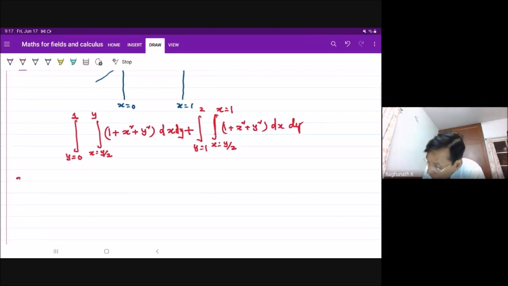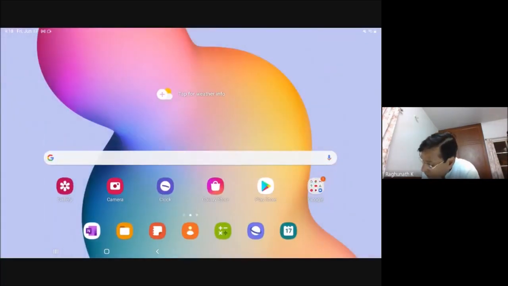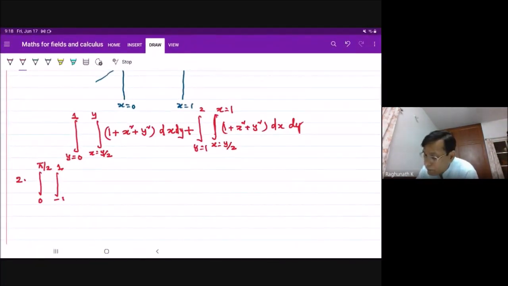Number two. Integral 0 to pi by 2, integral -1 to +1, x squared y squared dx dy.